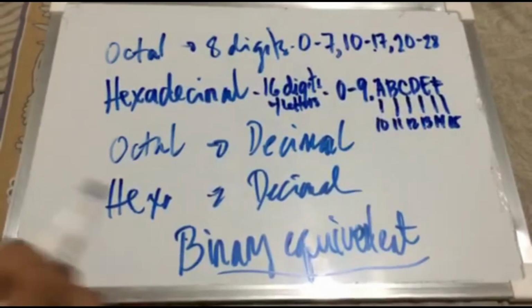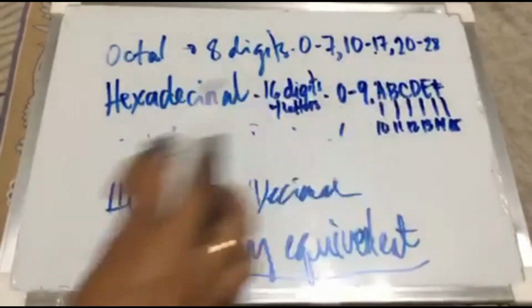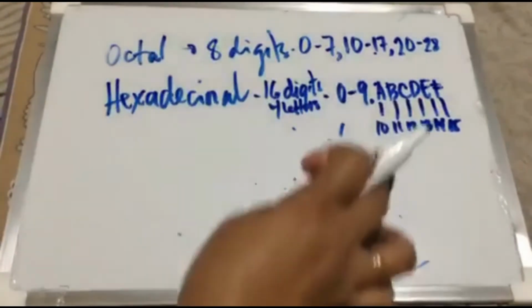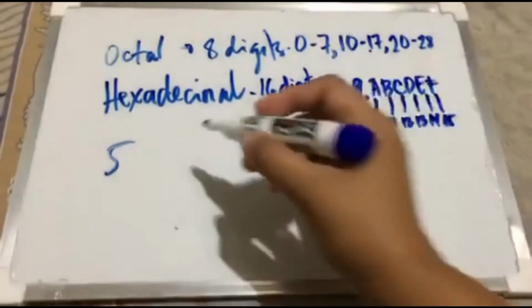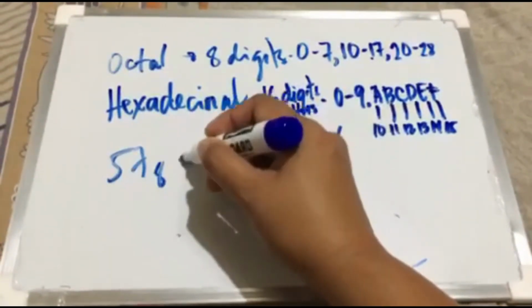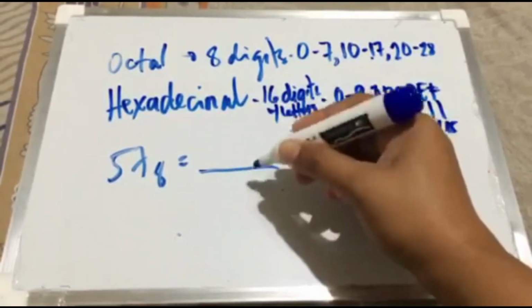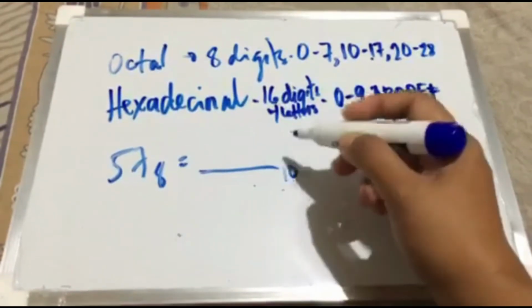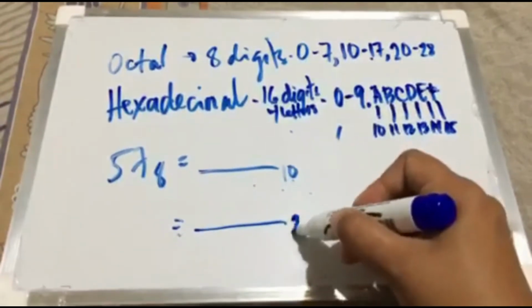Say for example we have the octal number 57. In order for us to convert this number to decimal, we need to convert it first to binary.